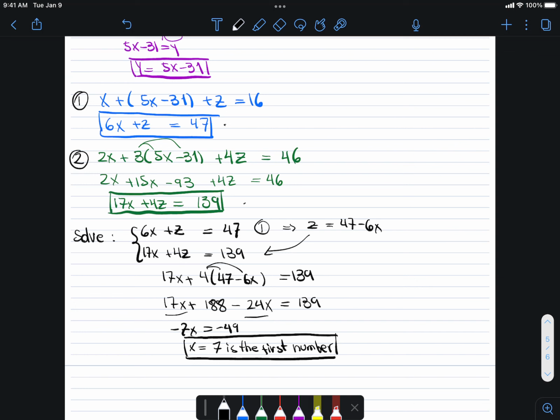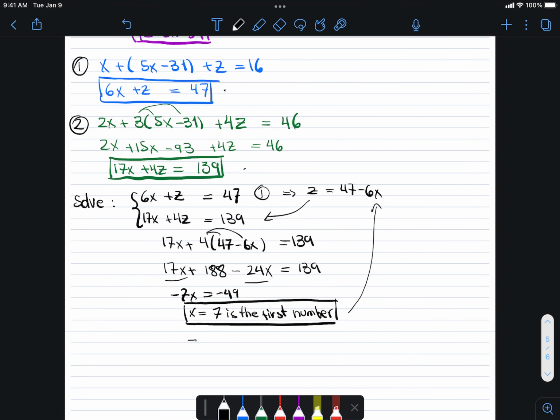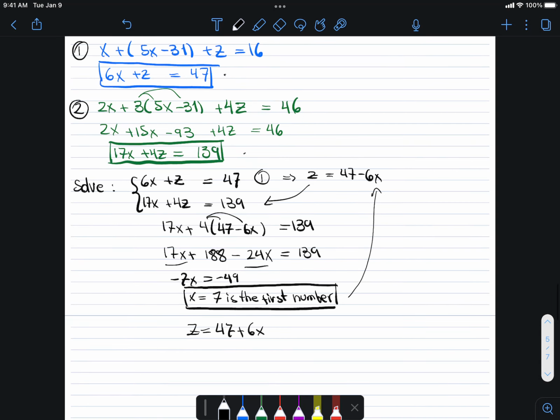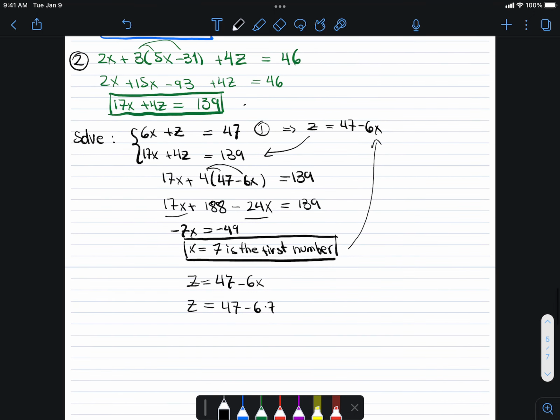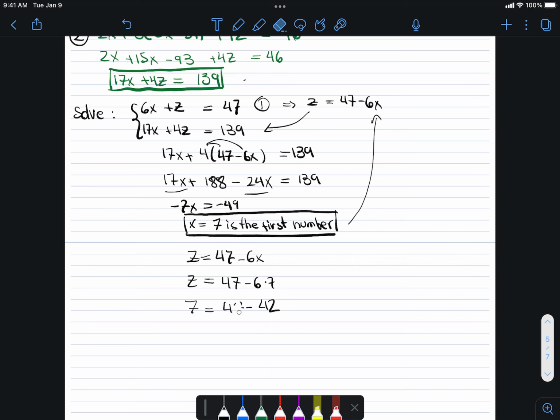So remember that z was 47 minus 6x. I know x now, so z is 47 minus 6 times 7, which is 42. That's 47 minus 42, so z equals 5 is the third number, right?